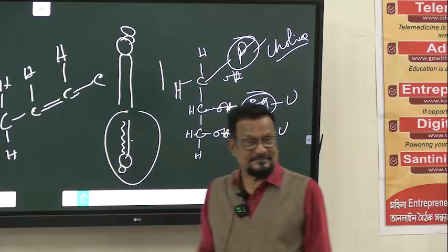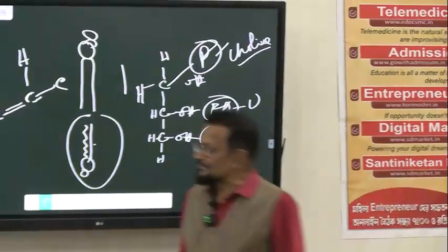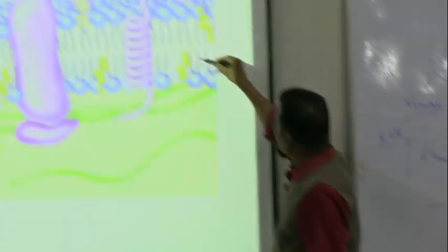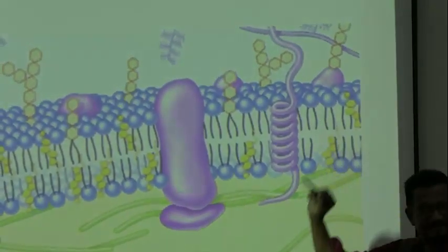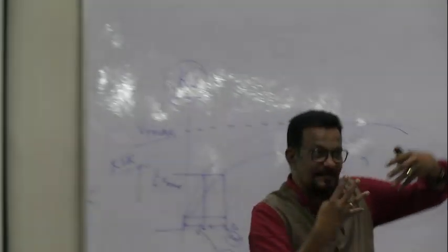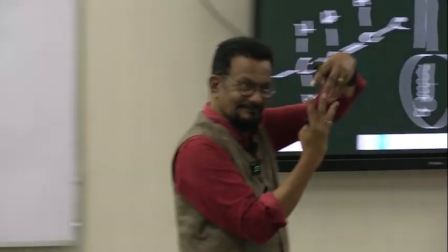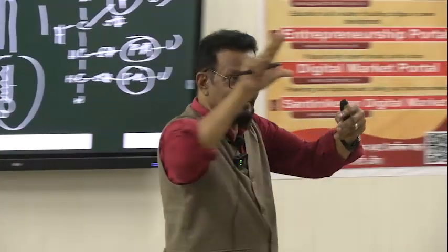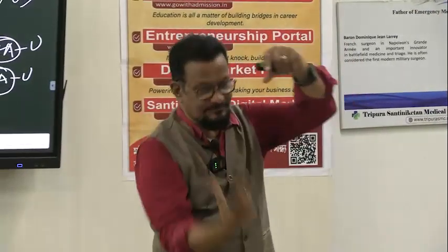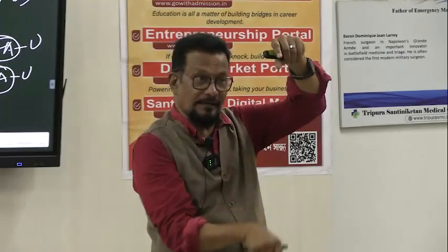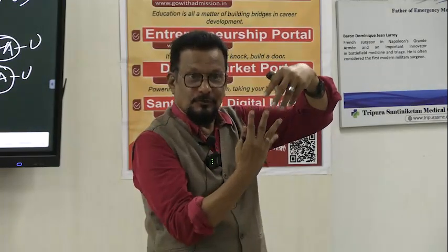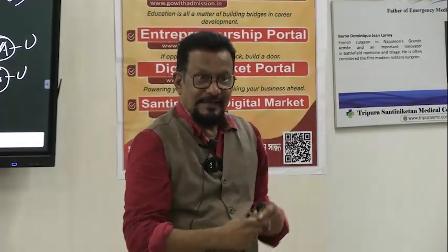These are actually fatty acids. Fatty acids, fatty acid, fatty acid. See, fatty acids are facing each other. The fatty acids of this layer are facing the fatty acids of the other layer. So they are facing each other.